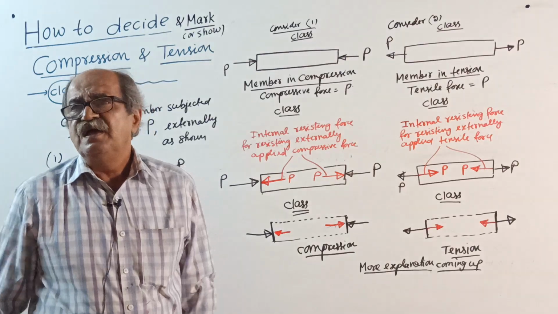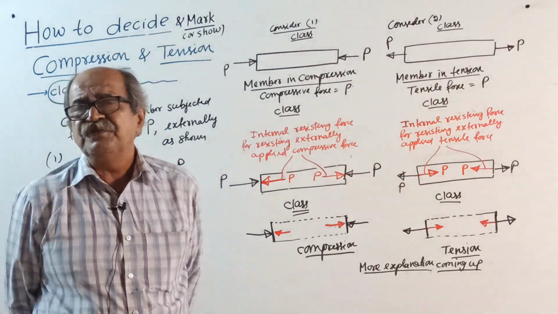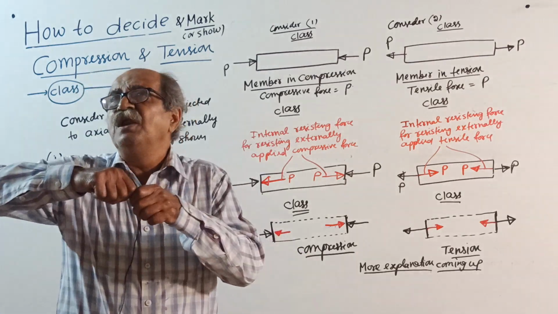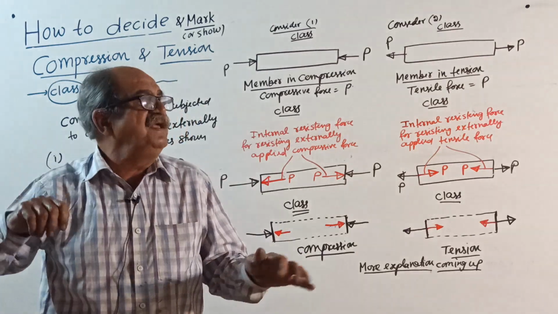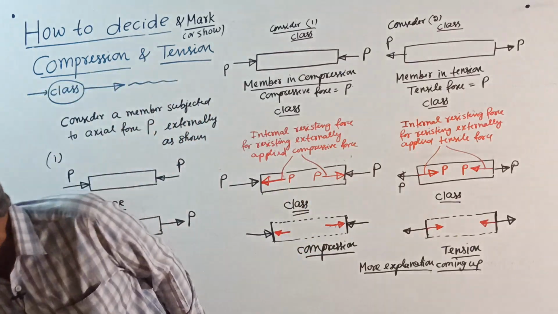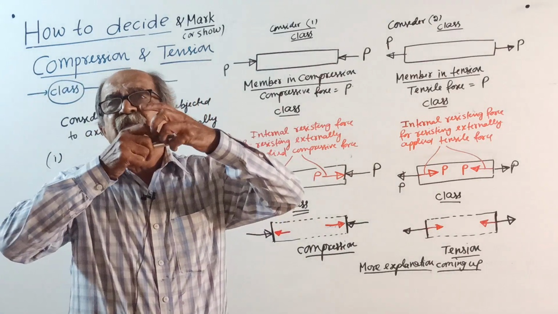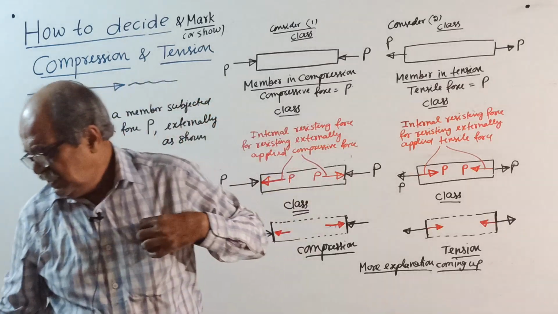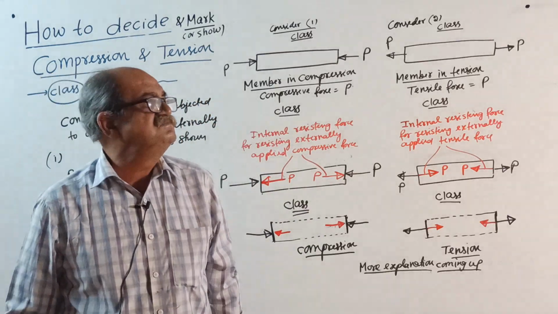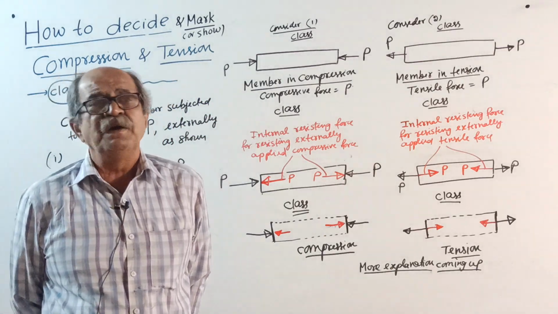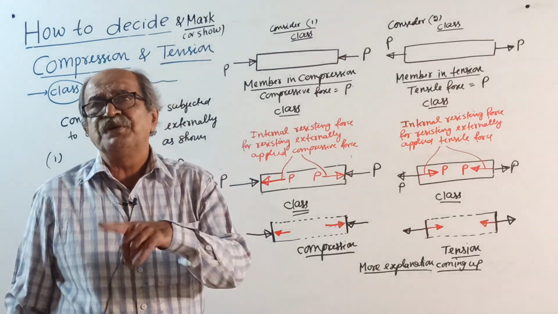First remember, in engineering mechanics problems, so many times you consider some cable or wire supporting something. Then it will be in tension. Sometimes a member may be placed in between, subjected to a force like this. Then it will be in compression. You should correctly know how to mark tension or compression.